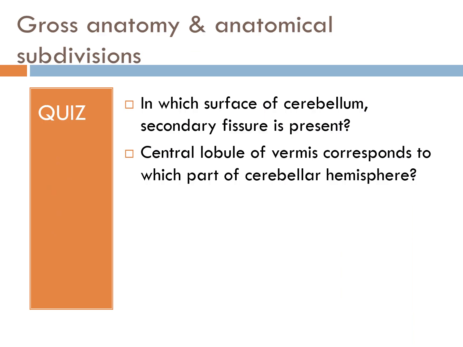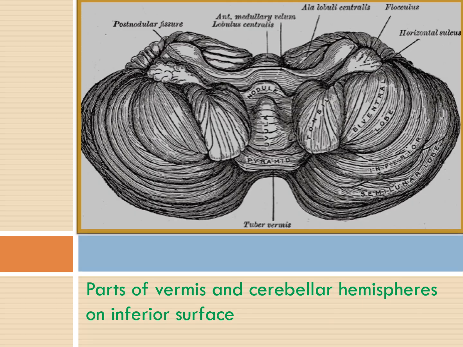Now again it is quiz time for you. We have two questions. In which surface of the cerebellum is the secondary fissure present? Are you able to give the lateral extension of the central lobule of the vermis? Check yourself, then we will continue with the posterior lobe.